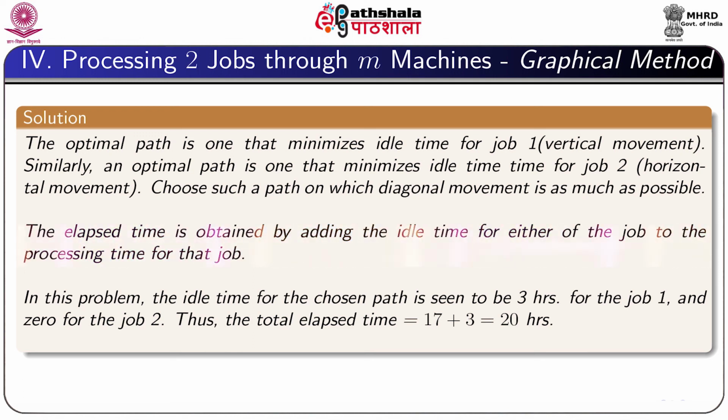The elapsed time is obtained by adding the idle time for either of the job to the processing time for that job. In this problem, the idle time for the chosen path is seen as 3 hours for job 1 and 0 for job 2. Thus, the total elapsed time is 17 plus 3 equal to 20 hours.